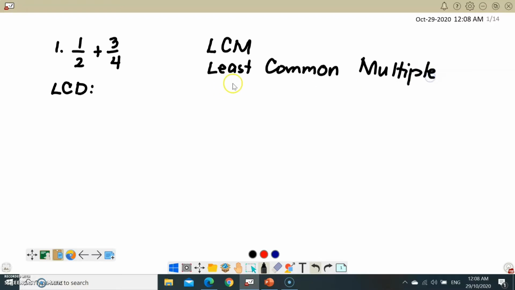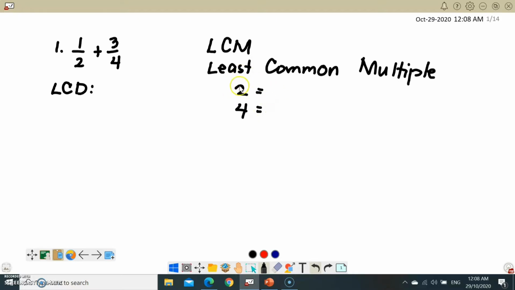What are the denominators? We have here 2 and 4. To find the LCM, we need to express 2 and 4 as the product of their prime factors, or we need to find the prime factorization of 2 and 4.